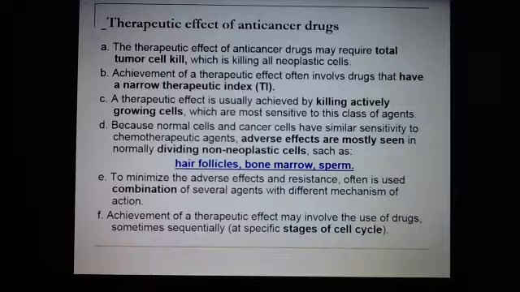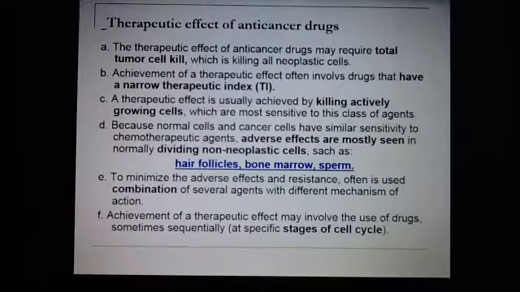So thinking about therapeutic effect of anti-cancer drugs. The therapeutic effect of anti-cancer drugs may require total tumor cell kill, which is killing all neoplastic cells. Achievement of a therapeutic effect often involves drugs that have a narrow therapeutic index, which means that there is a short distance between the drug being therapeutic and it being toxic.